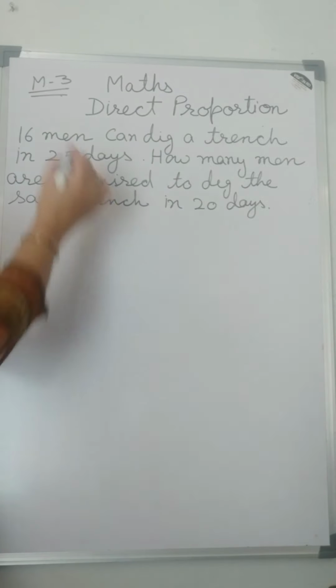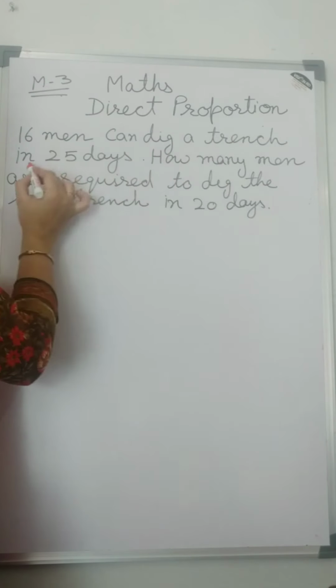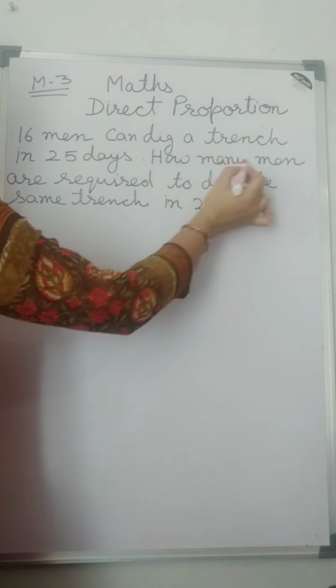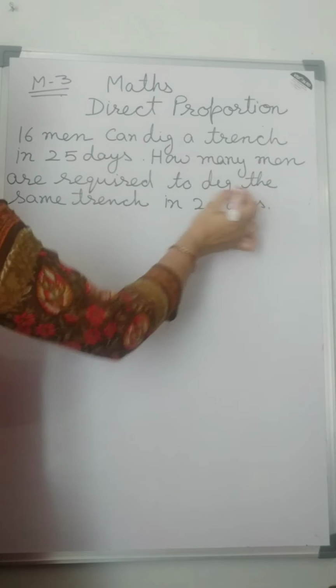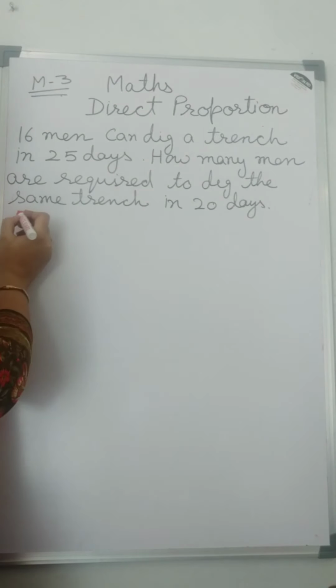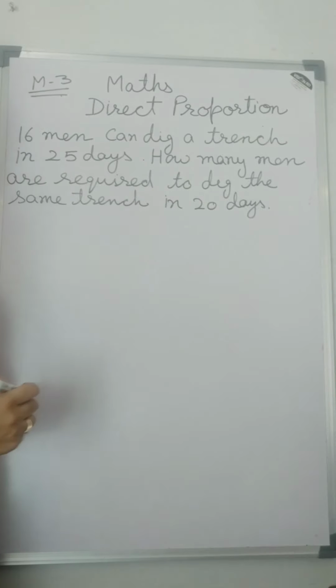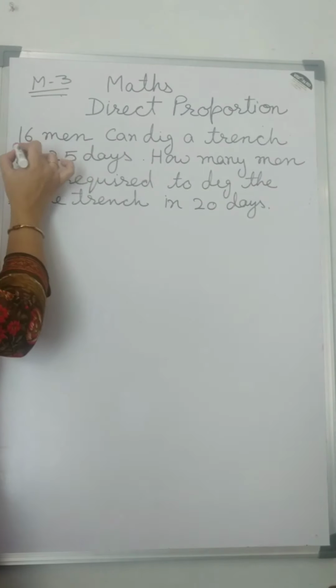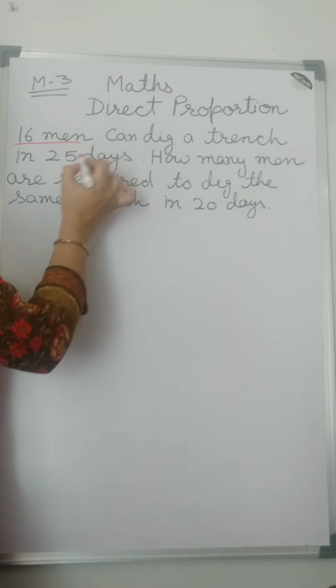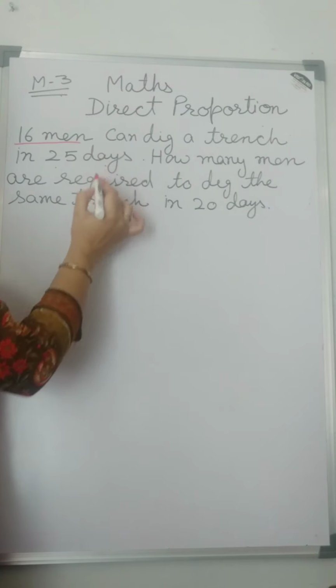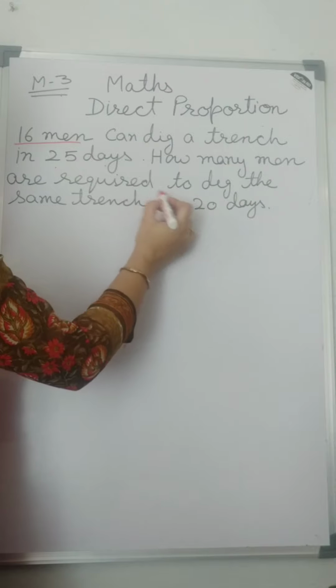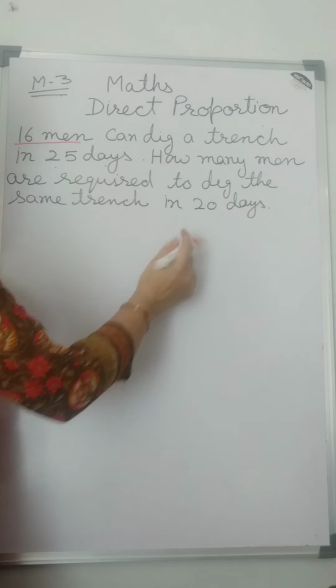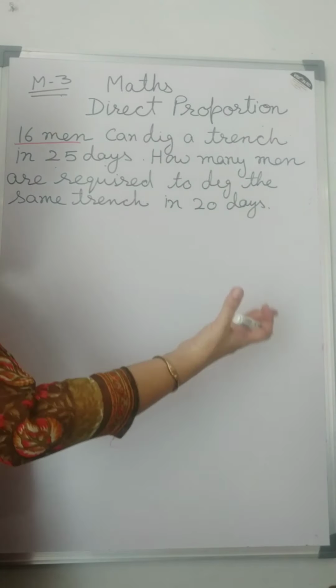Next question is, 16 men can dig a trench in 25 days. How many men are required to dig the same trench in 20 days? This time, how do we write? Have a look here. 16 men can dig a trench in 25 days, and here the value of men is not given to us, so we write down men on our right hand side.